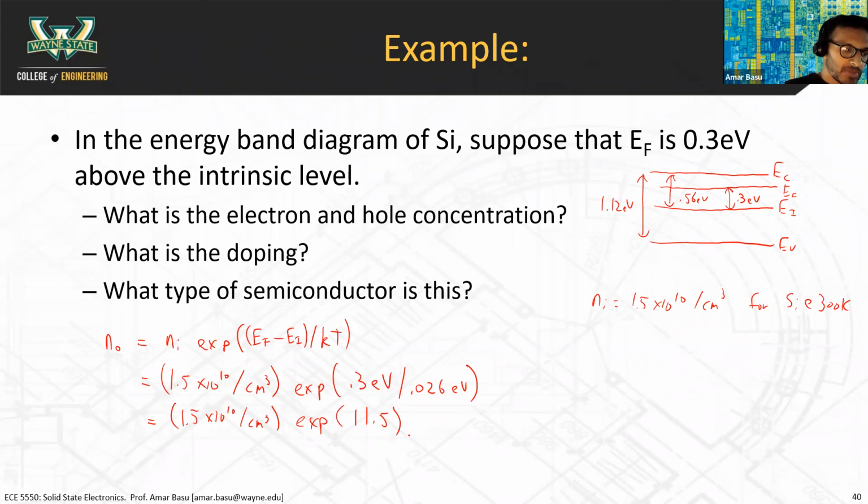So if we do the exponential of 11.5, I want you to see that this is a huge number here. It's 9.87 times 10 to the fourth.